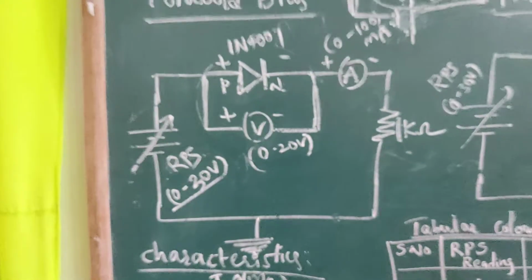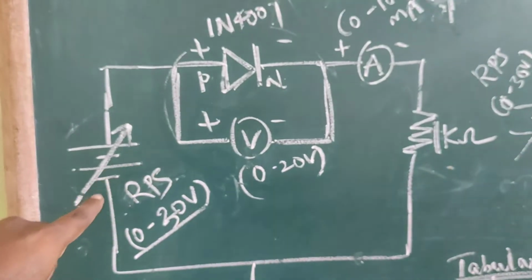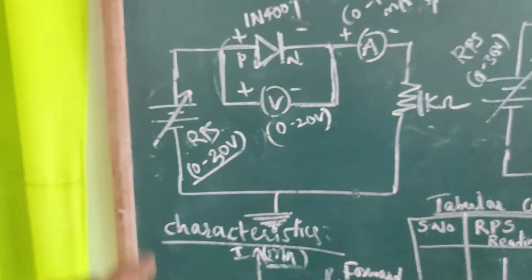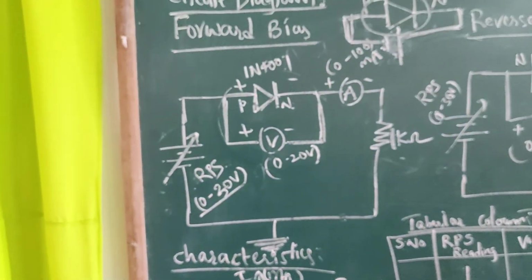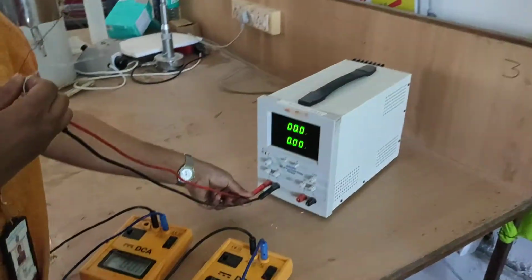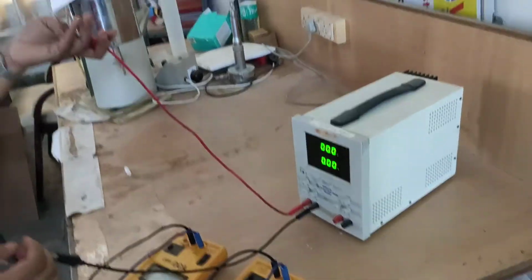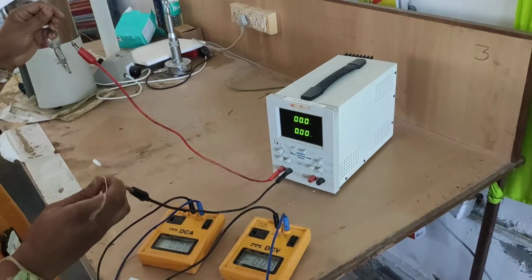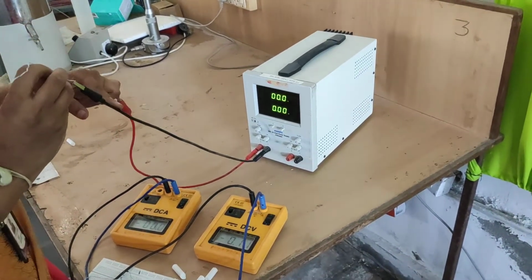After that, the RPS connection. The RPS positive terminal is connected to the positive terminal of the PN junction diode. So this one is the RPS now. This red terminal is nothing but positive and this black terminal is negative.